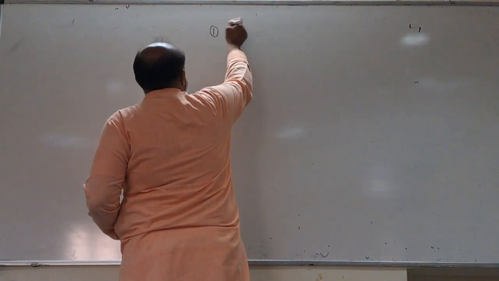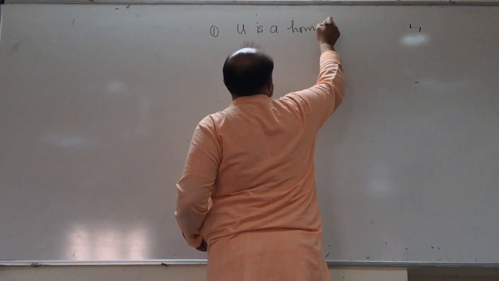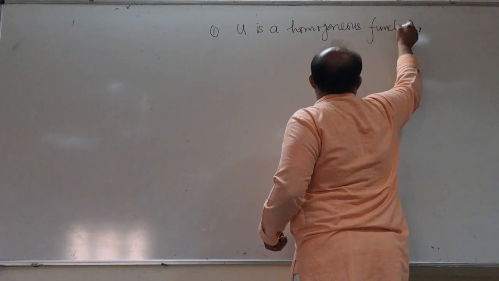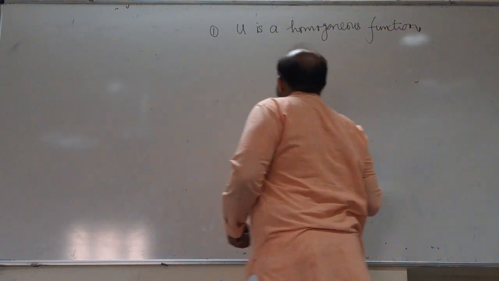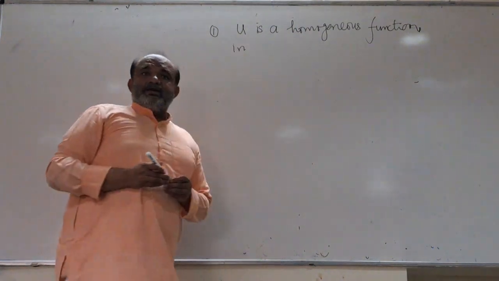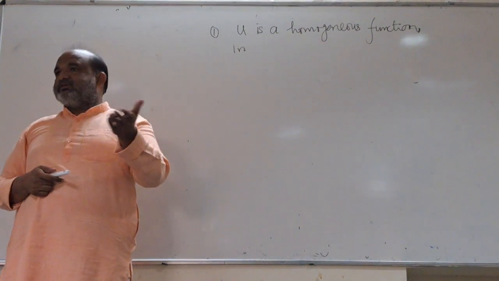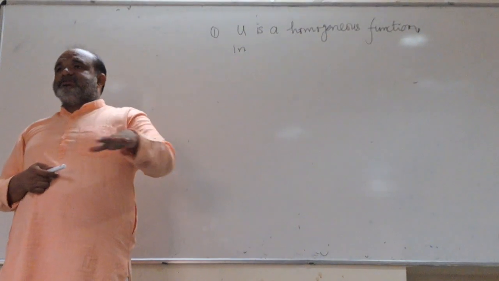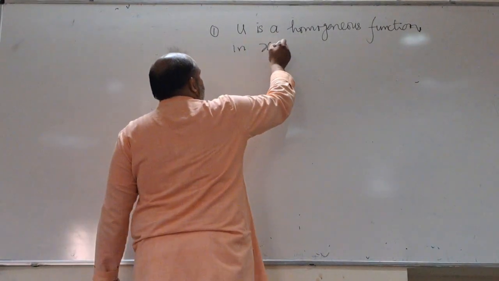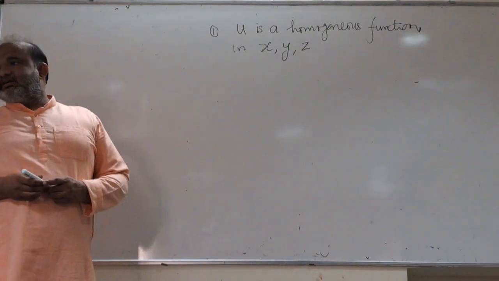Number one, if u is a homogeneous function, right now I was having two variables x and y, independent variables. If there are more than two independent variables, let me say 3: x, y and z. So this is a homogeneous function with three independent variables x, y and z.